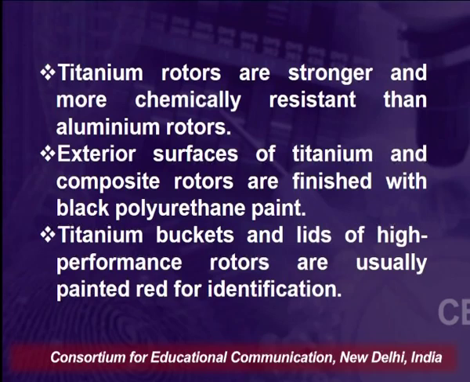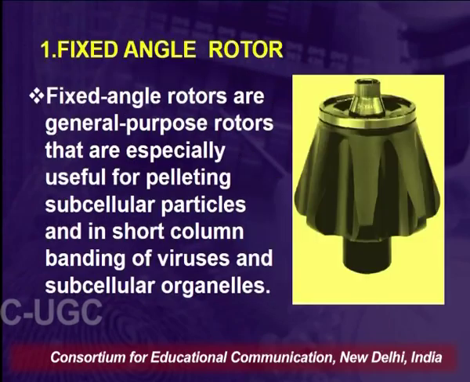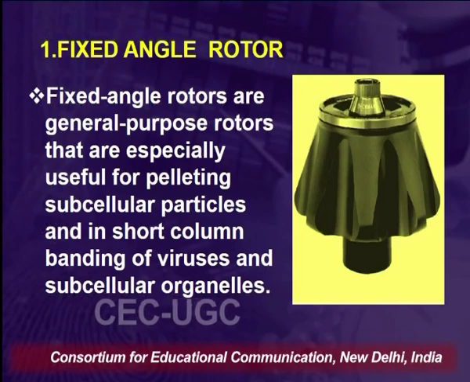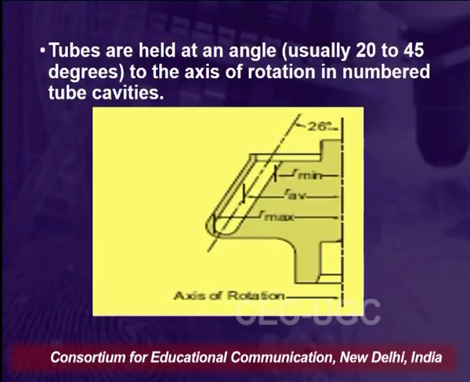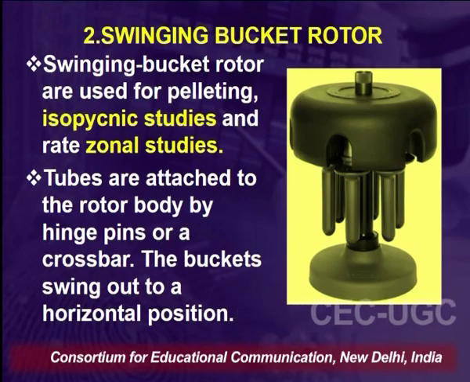When we talk about different types of rotors, we have fixed angle, where the angle is fixed from 25 to 40 degrees. Within this 20 to 45 degree range, the axis of rotation is fixed, so depending on that we use the fixed angle. Swinging buckets are used for pelleting or isopycnic studies. Tubes are attached to the rotor body by hinge pins or a crossbar.